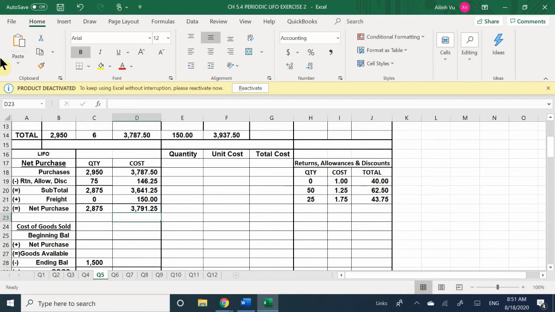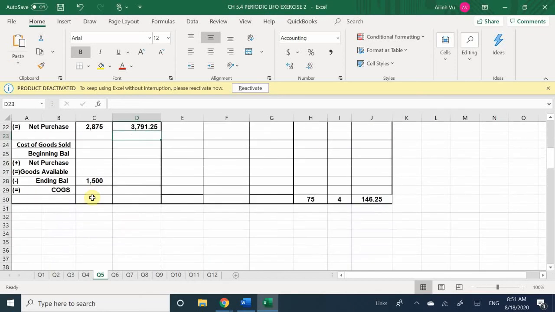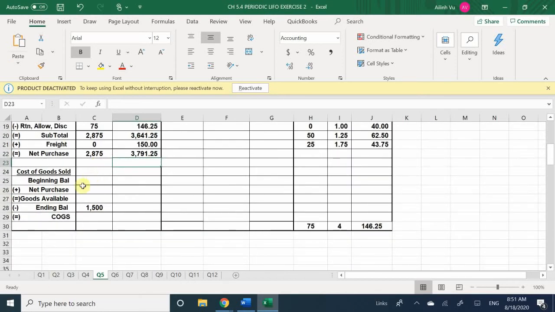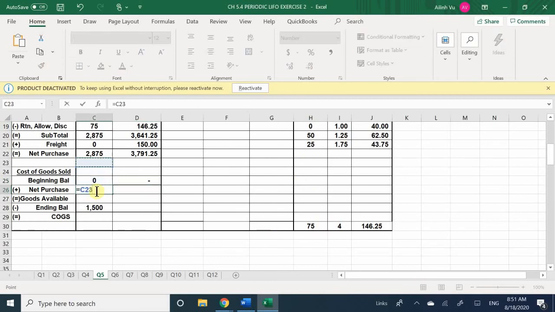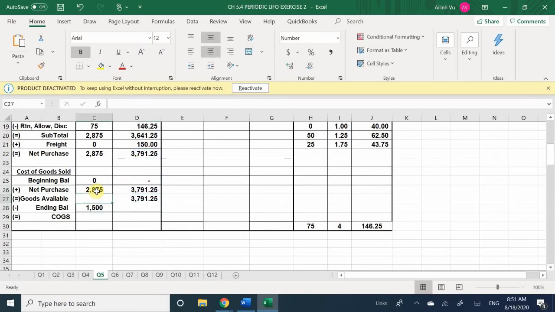All right. Lynette, did you get the same exact answers? Okay, perfect. We don't have beginning inventory, so we can zero that out right here. And then we know that this is going to be your net purchases. So we're going to copy those numbers down. And because we're adding 0, they could just be exactly that.